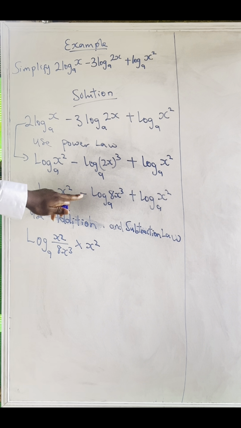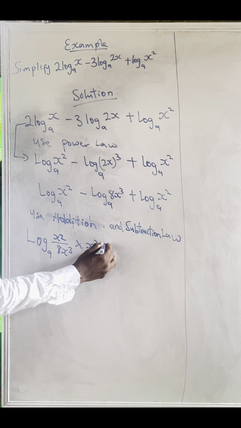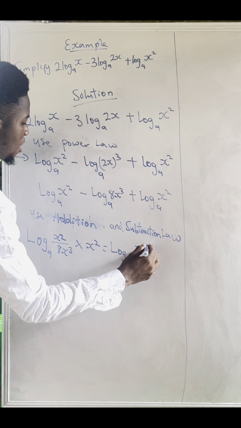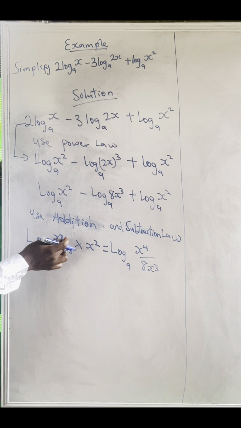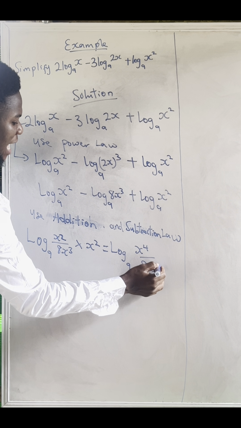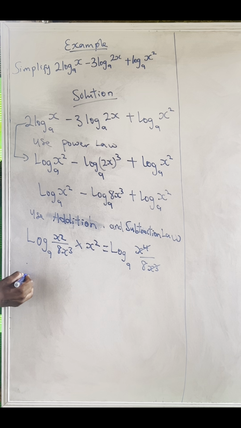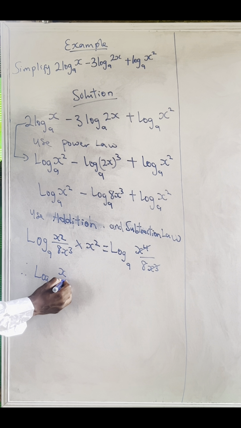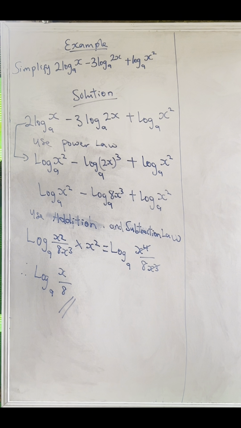So minus changes to division, multiplication, it turns to a over x squared times x to the power 4. So there x cubed we cancel, then the final answer would be log of that over base a. This is the final answer, guys.